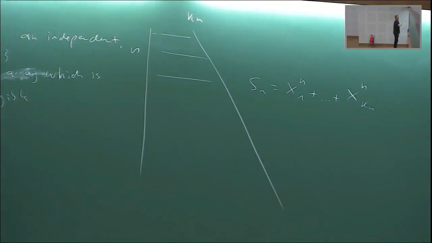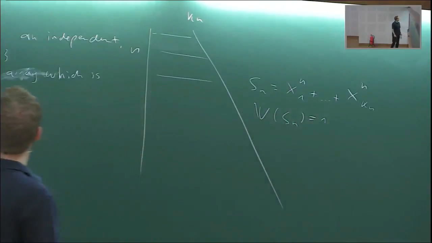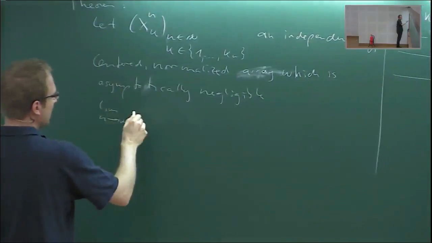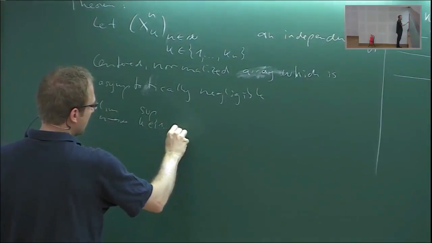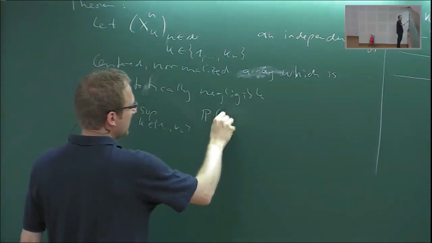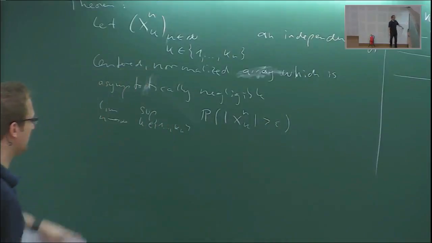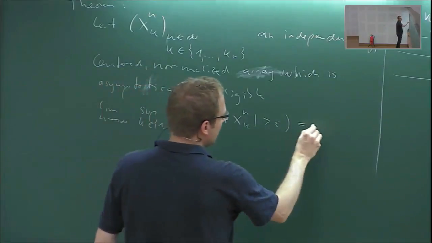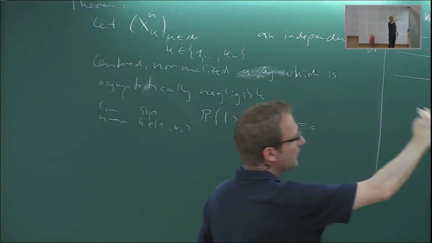And they're normalized in the sense that the variance of S_n should be 1. And they're asymptotically negligible. This means that the limit for n to infinity of the sup over the k's, k up to k_n, of the probability that |X_{n,k}| is greater than epsilon is 0 for any epsilon. This means all those arrays converge uniformly in probability to 0.